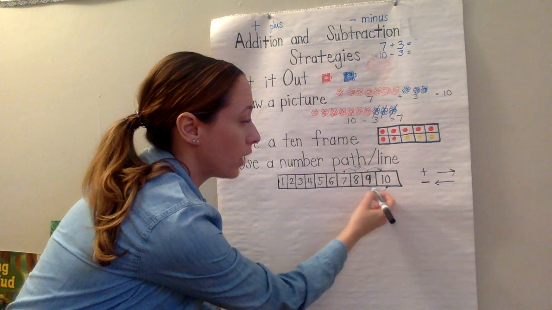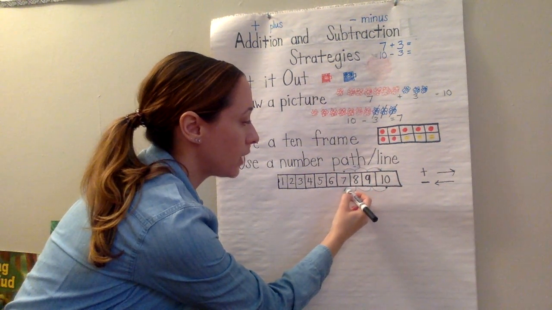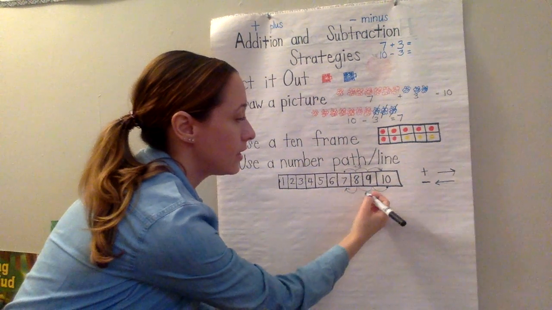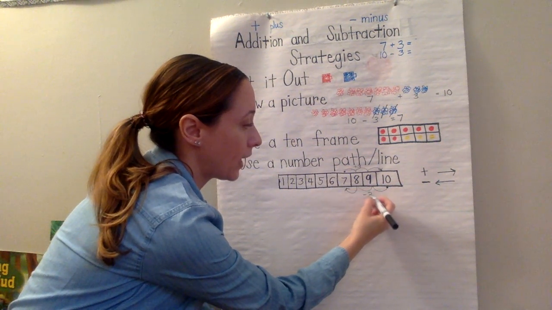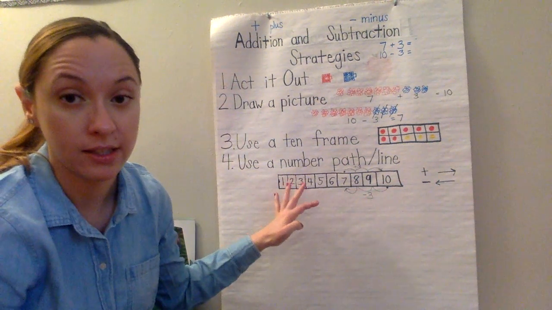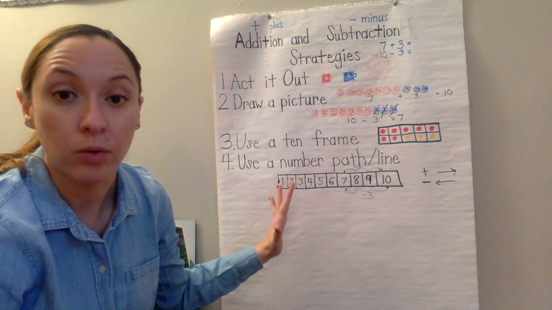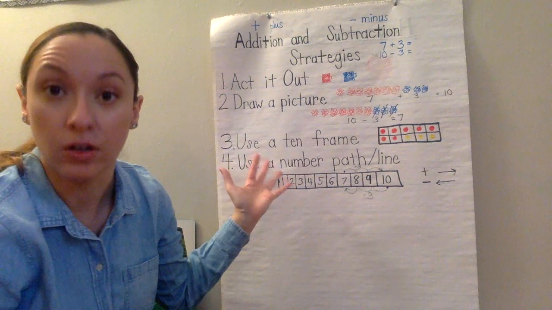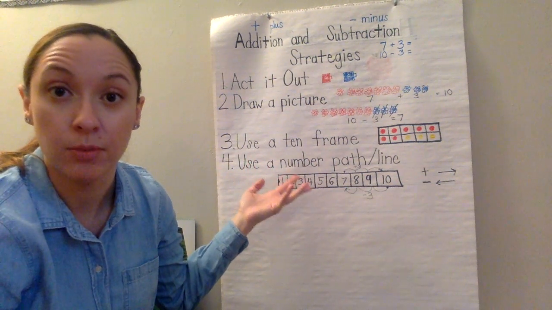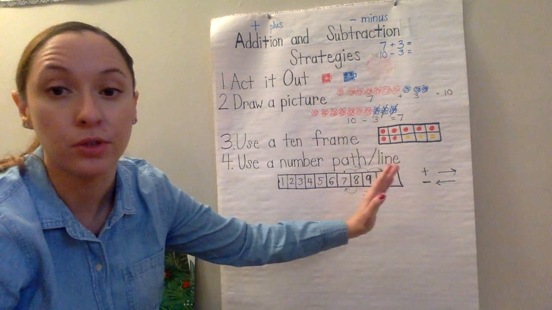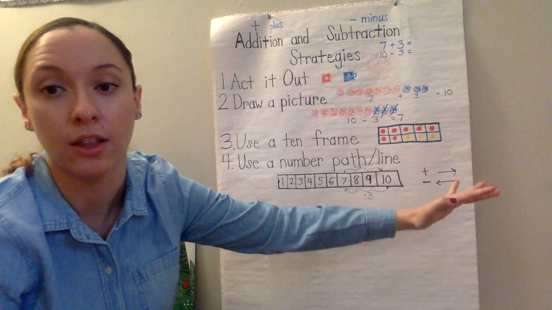So I'm going to go 1, 2, 3, and I ended up on 7. So in this one, I took away 3. Okay. Again, this is another great visual example of how to solve this. When you start working on longer addition and subtraction sentences with higher numbers, you can build onto your number line and make it longer.